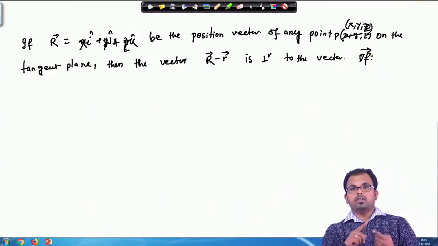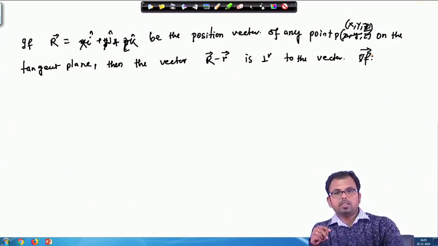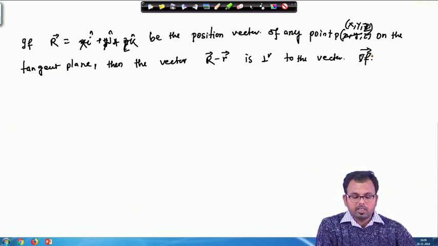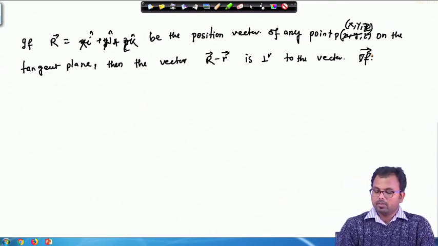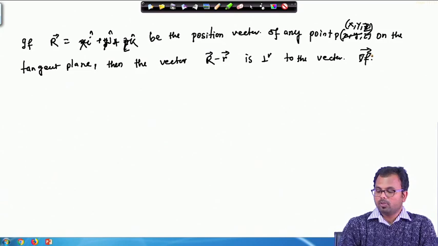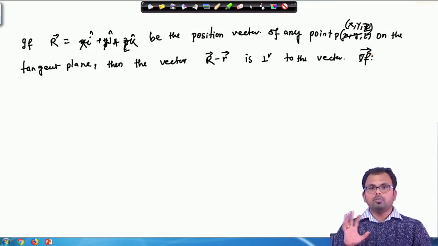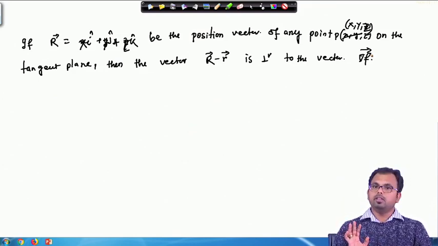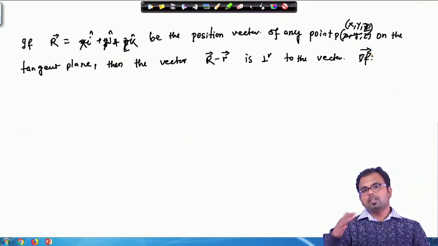So, we have this vector R, which is capital X i, capital Y j plus capital Z k, be the position vector of any point on the tangent plane, and then the vector R minus small r is perpendicular to the vector gradient of f, because anything you have on the tangent plane will be by default perpendicular to gradient of f, because gradient of f is normal to the function f(x, y, z) equals c.